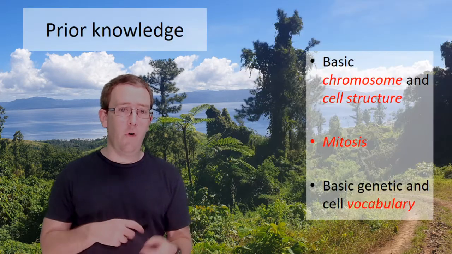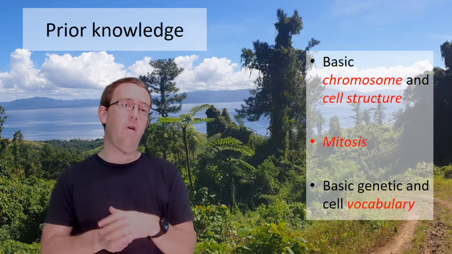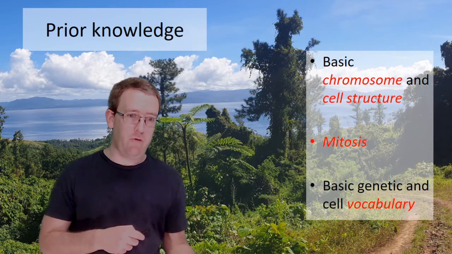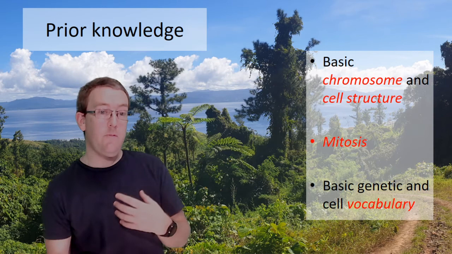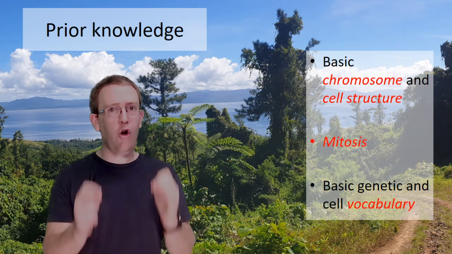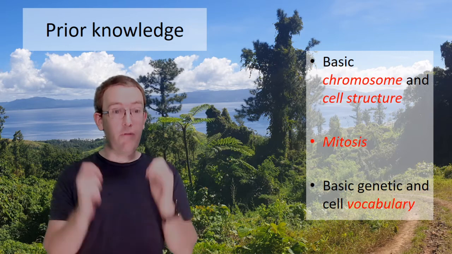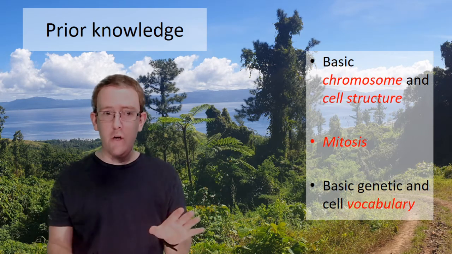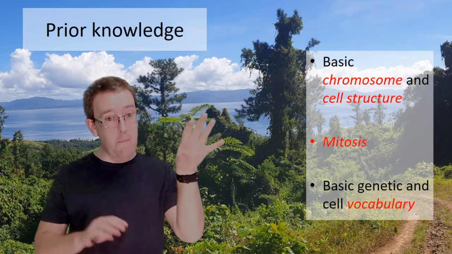If we move on, I'm assuming some basic prior knowledge. I'm assuming that you understand chromosomal structure, cell structure, when something is a chromosome, when it's two chromatids, what I mean by a pair of chromosomes. See previous rant: an X-shaped object is not a pair of chromosomes. A pair of chromosomes comes from your mum and your dad.